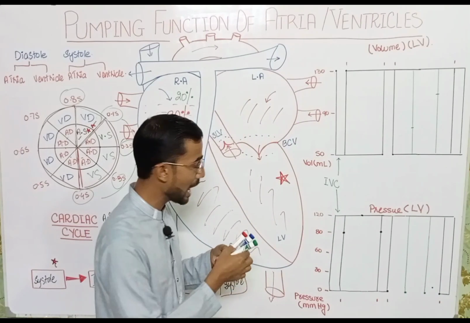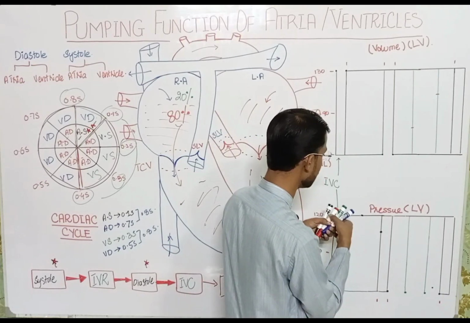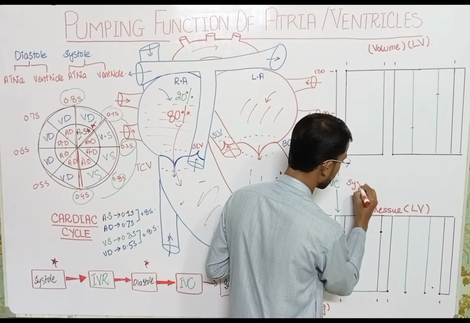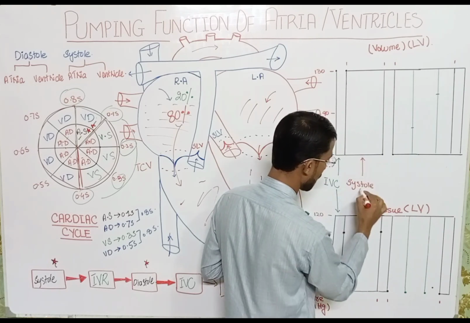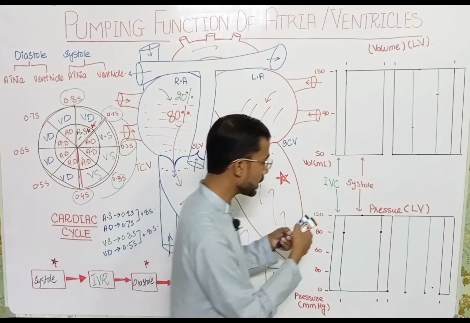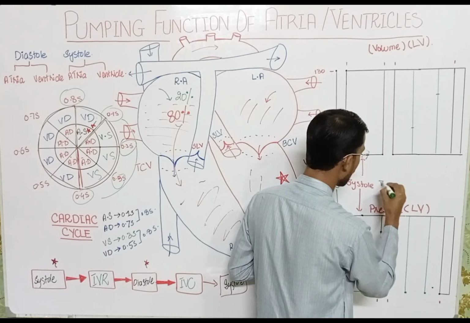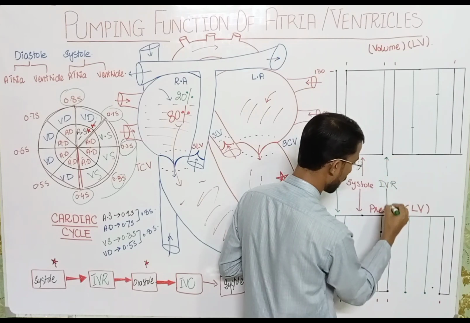After that, this portion, this one and this one, is for the systole. Now here, this is the isovolumic relaxation, upside and downside.